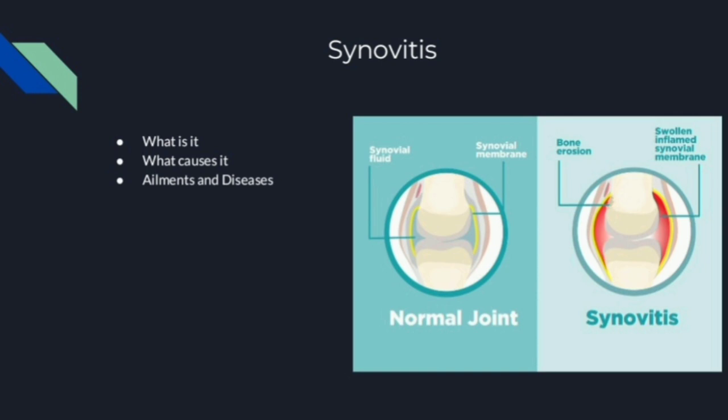As of today, there is no current cure for synovitis or arthritis. There are, however, a handful of different therapeutic methods to help treat pain that is associated with synovitis and arthritis.